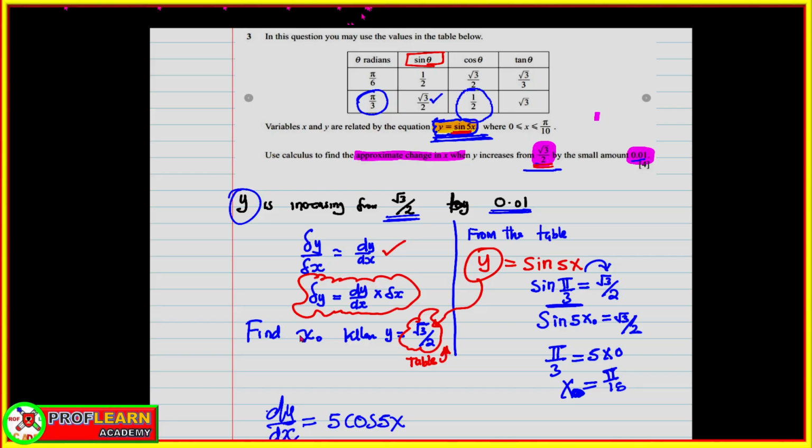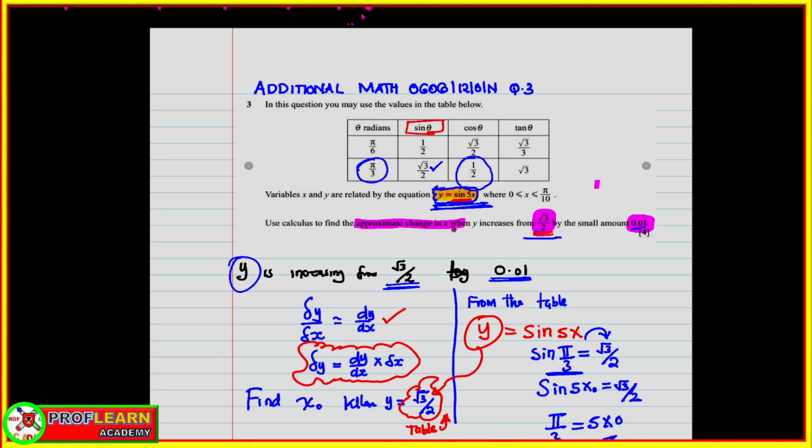And then in order to work this out, because we were told the value of y was this, we'll go to the table, because y is equal to sine 5x. So which value of sine is able to get us root 3 over 2?